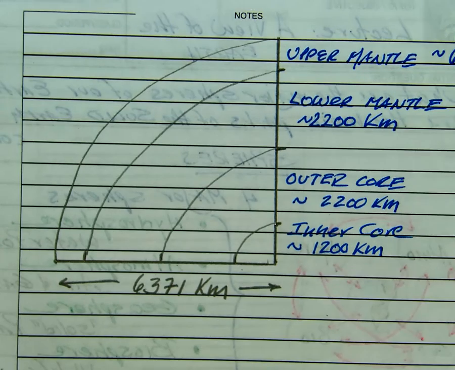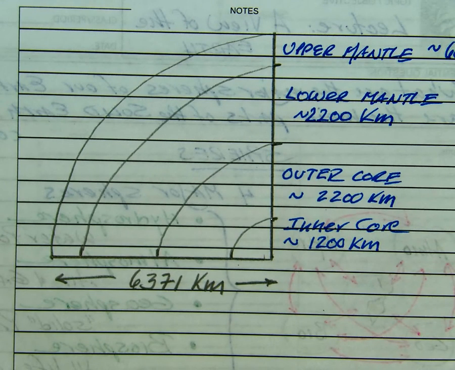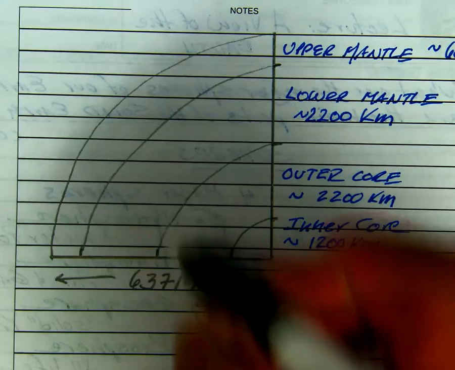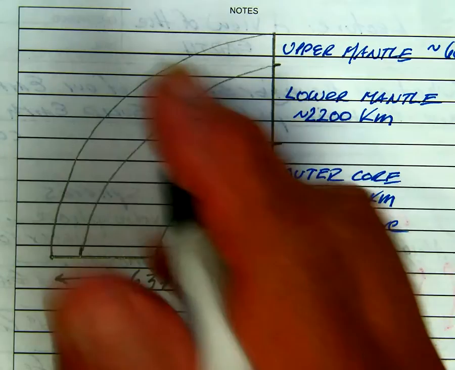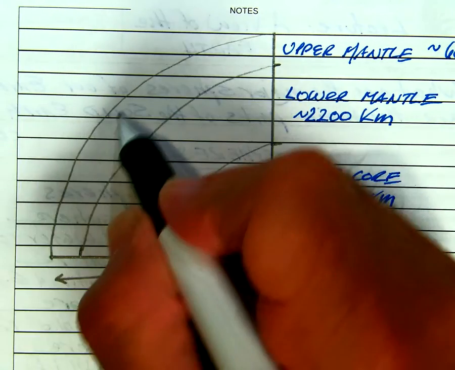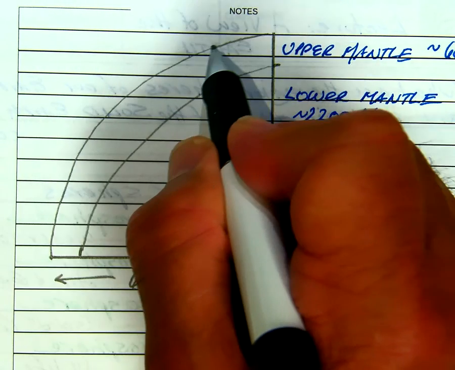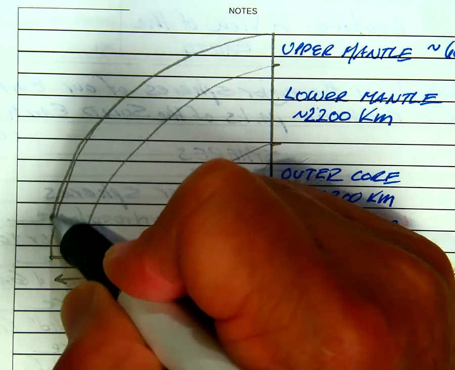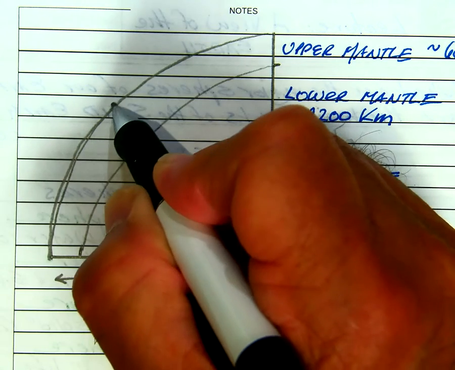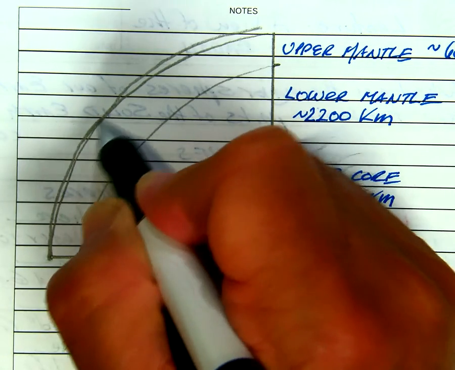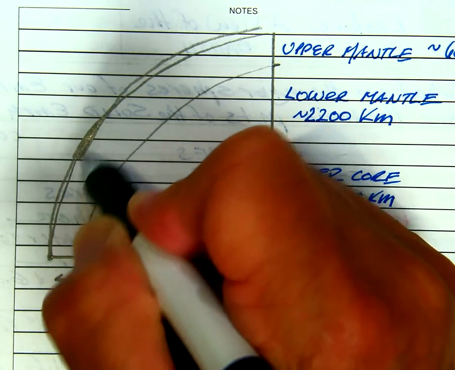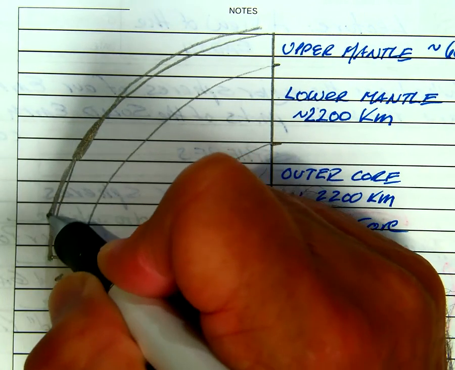In terms of the crust, we can look at two things. One is continental crust. So if this is the crust, I'm going to draw a little bit of a continent on top of it like this, then an oceanic crust, which is thinner, and then another continental crust here.